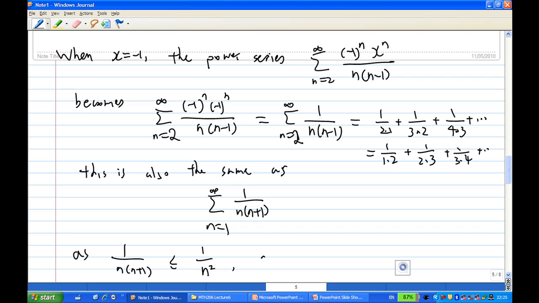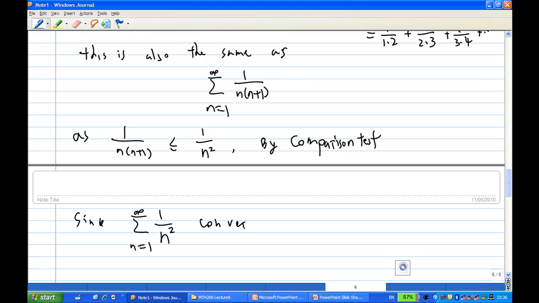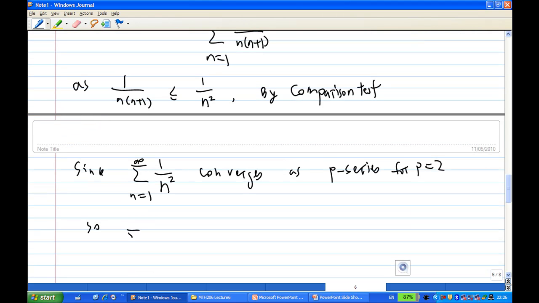Therefore, by the comparison test, since the summation from n equal 1 to infinity of 1 over n squared converges as a p-series with p equal to 2, the summation from n equal 1 to infinity of 1 over n times n plus 1 converges.